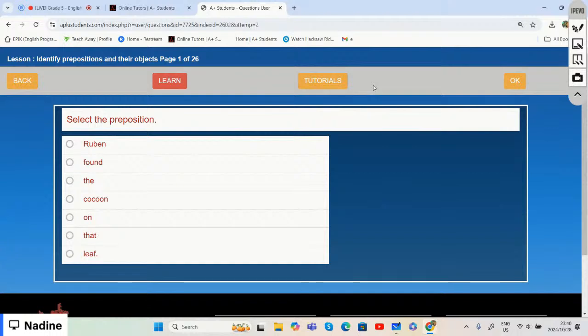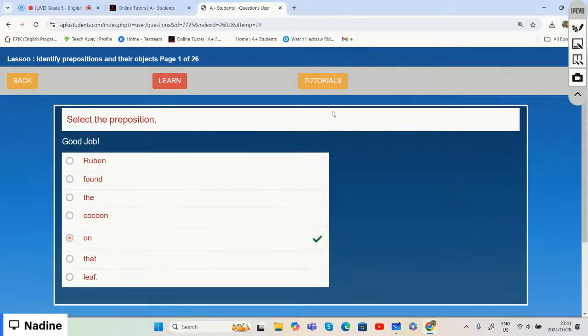What is the preposition within the sentence? Where did we find the cocoon? If we were to select the correct preposition, we can say it is on. On where? That leaf.